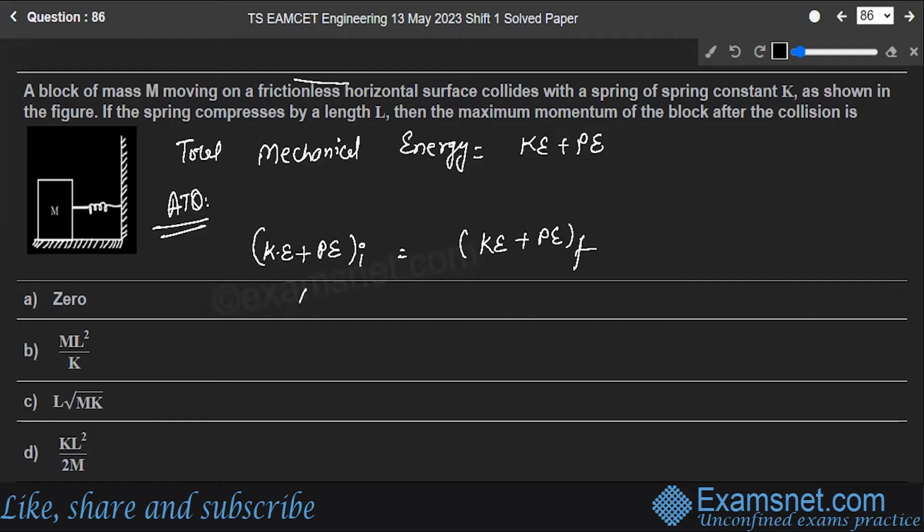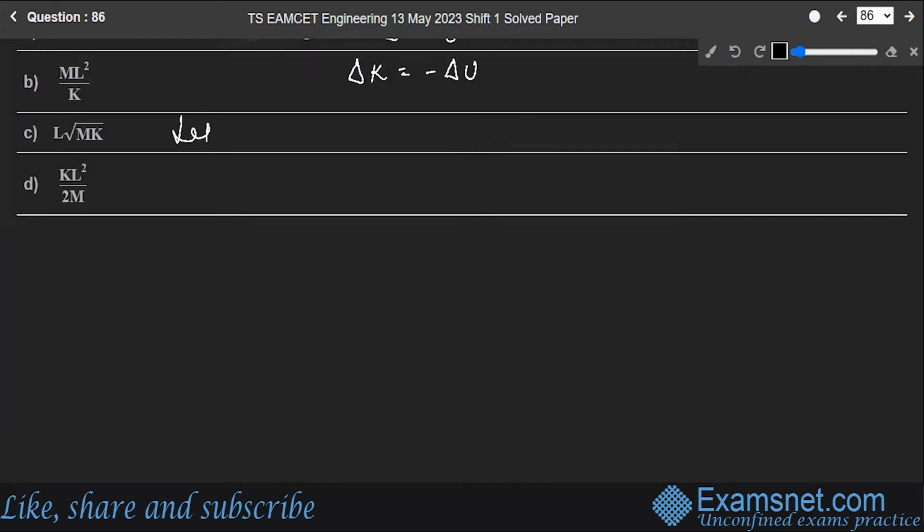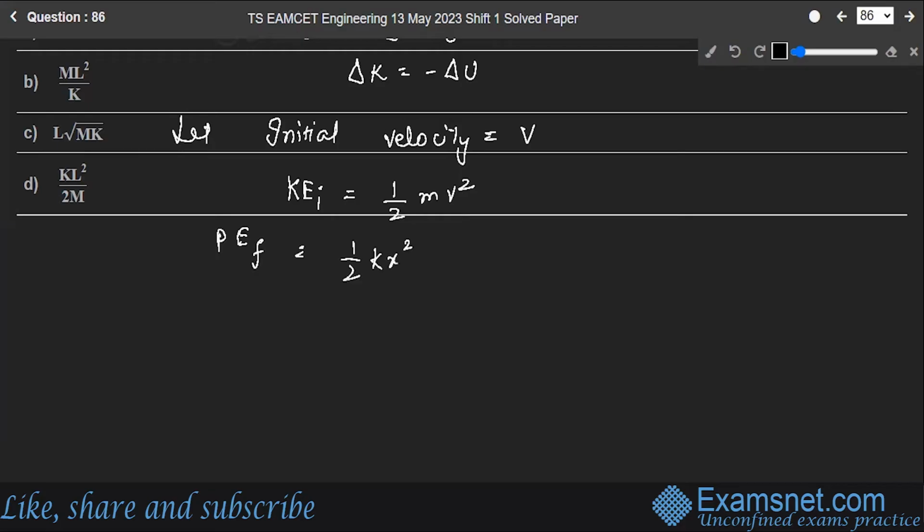Okay, that means delta K plus delta U is equal to 0, or delta K is equal to minus delta U. Now let's say the initial velocity be V. Then the initial kinetic energy is half mv square, and the final potential energy will be given by half k x square.